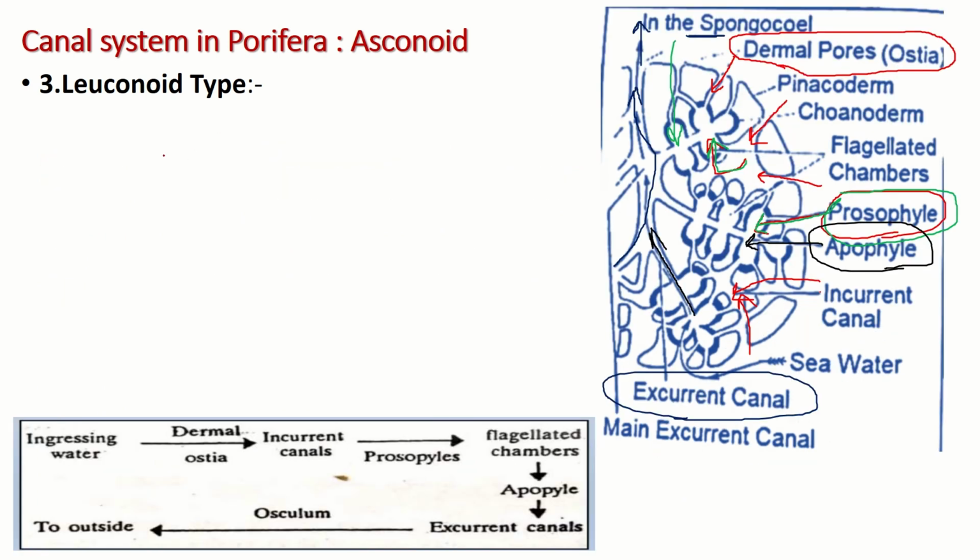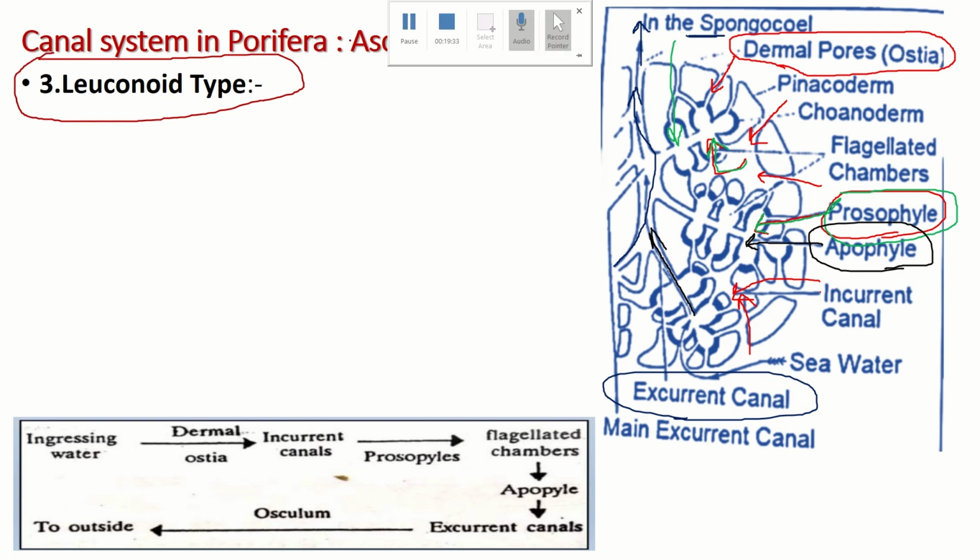Then lastly, the course taken by water current in the third type, the leuconoid type of canal system. How does the water move into the body?